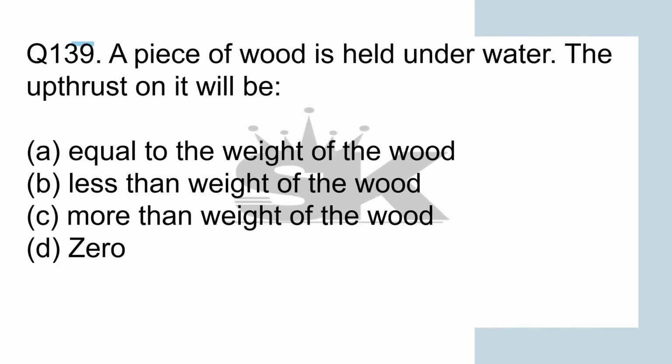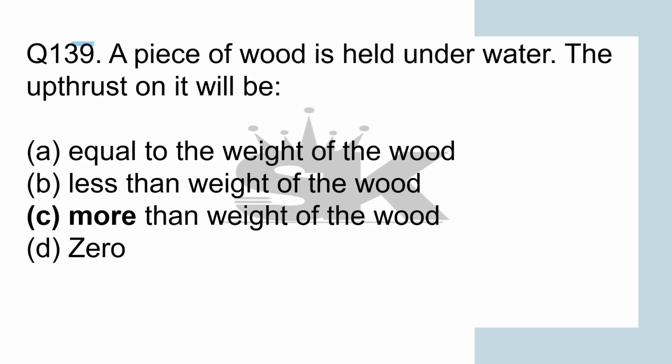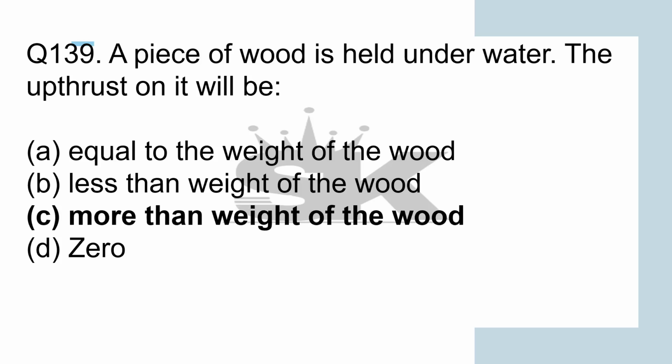A piece of wood is held under water. The upthrust on it will be more than the weight of the wood. It depends on the density of the wood, right? If the density of the wood is greater than the density of water, the upthrust will be less and the wood will sink.